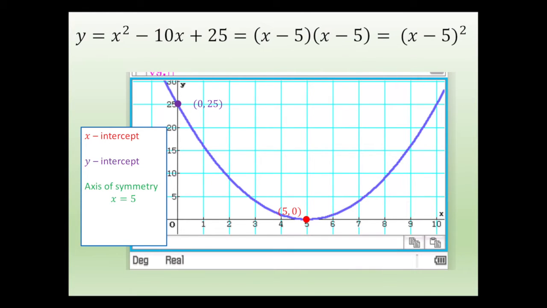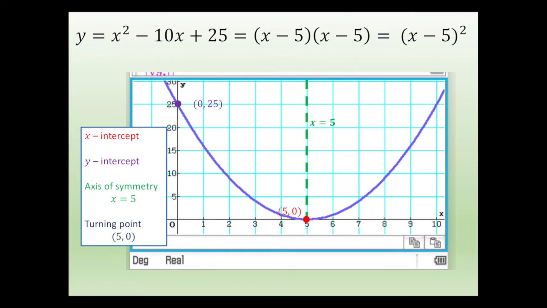Axis of symmetry is x equals 5 because this is where the turning point occurs. And again, remember (x - 5) squared is y equals x squared translated to the right by 5 units, and the turning point is the same as the x-intercept in this case.